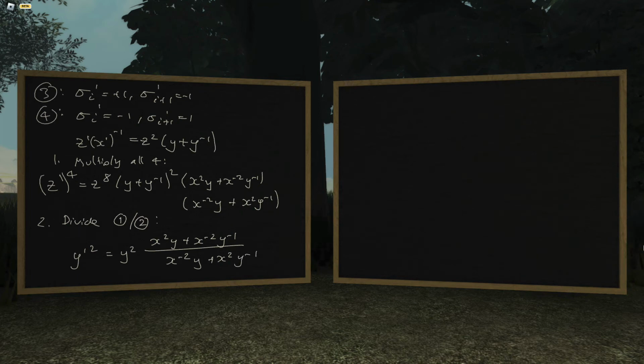And then finally, if we multiply the first 2 and then divide by the multiplication of the next 2, we then get x prime to the power of 4 is equal to x squared y squared plus x to the -2 y to the -1 x to the -2.